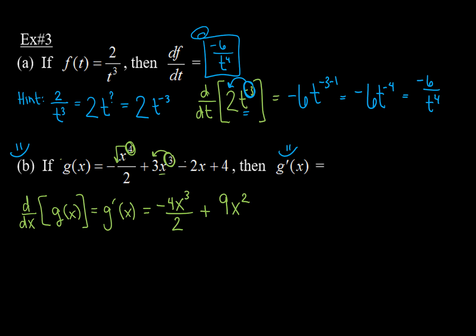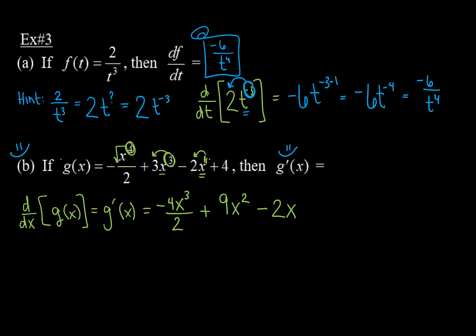For the next term, I've got a negative 2x. Now this is just a plain Jane x. So what's the power on x? Yeah, it's just 1. So I'm going to bring that power down. Negative 2 times 1 is going to give me a negative 2. Keep the x. And then I'm going to reduce the power by 1.